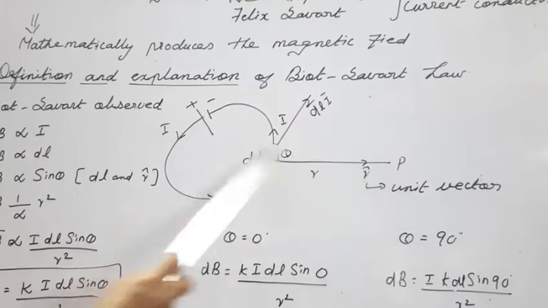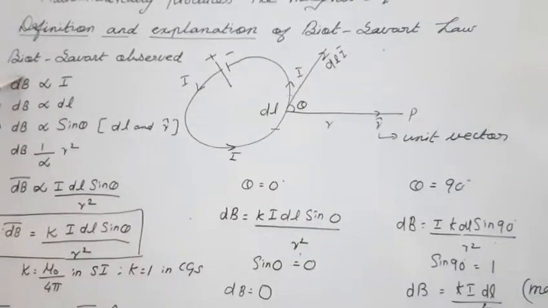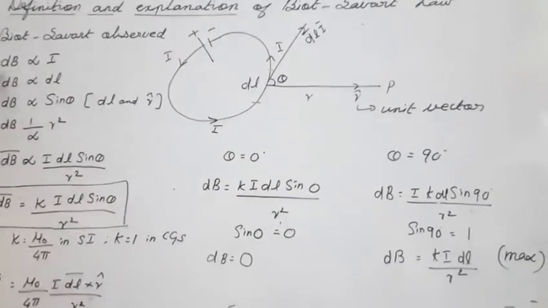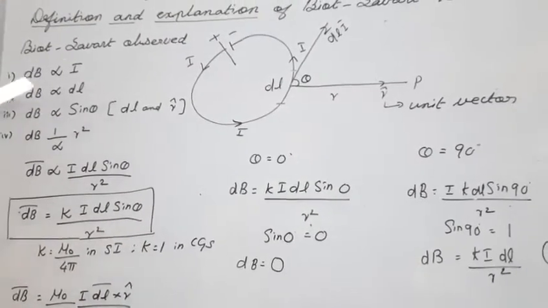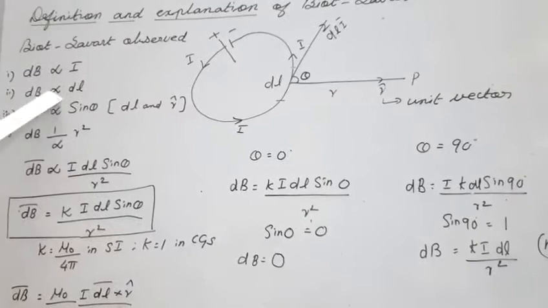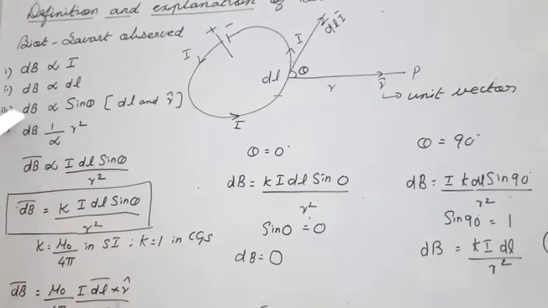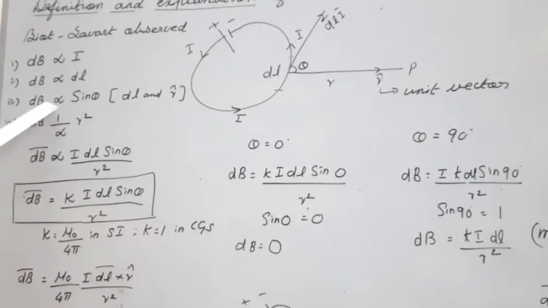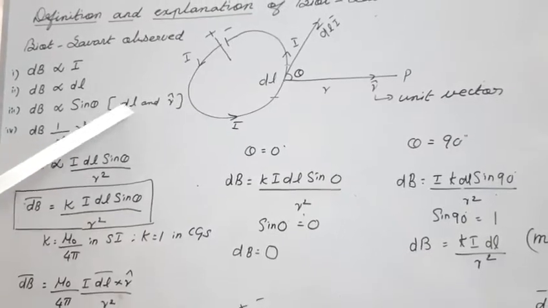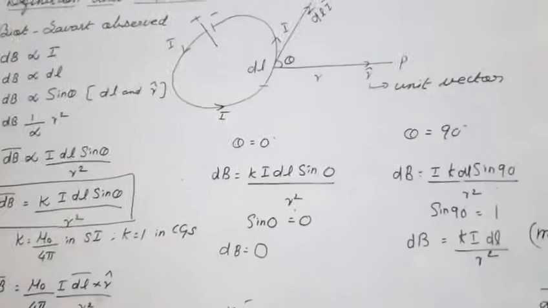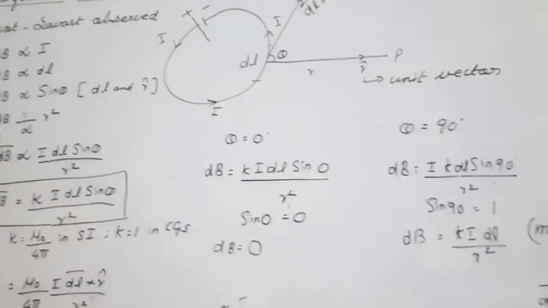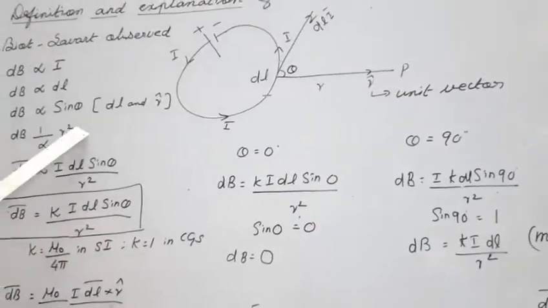Biot and Savart observed that the magnetic field dB is directly proportional to the current, directly proportional to the small element dl, and directly proportional to sine theta, where this angle is between dl and r cap, and inversely proportional to 1 by r square.